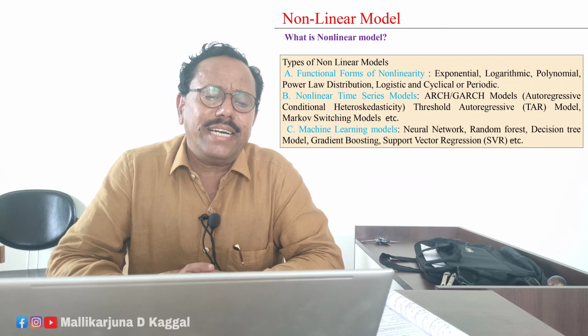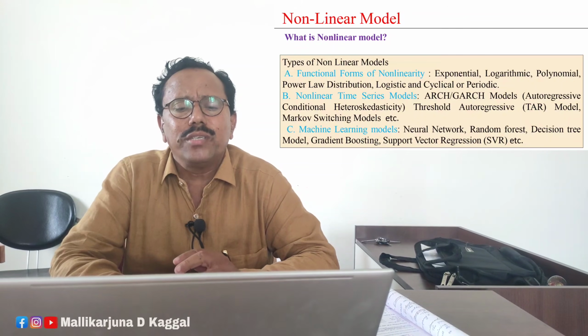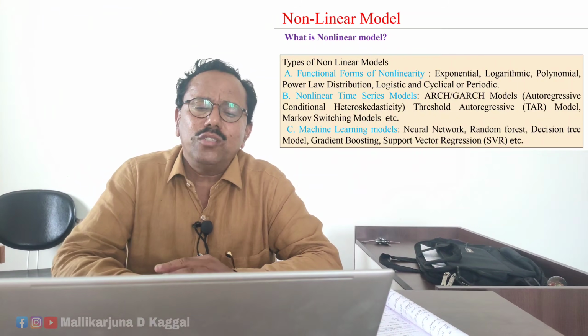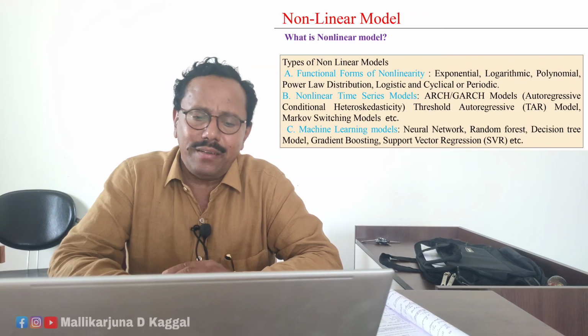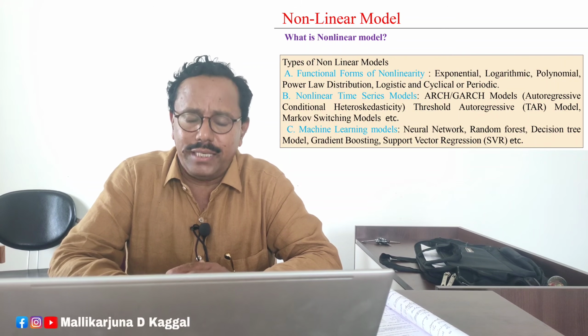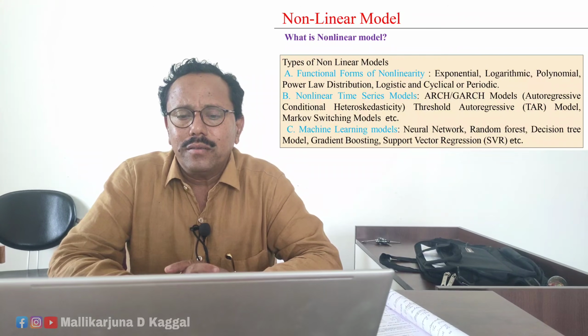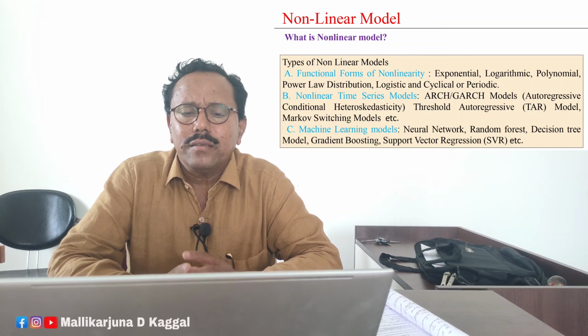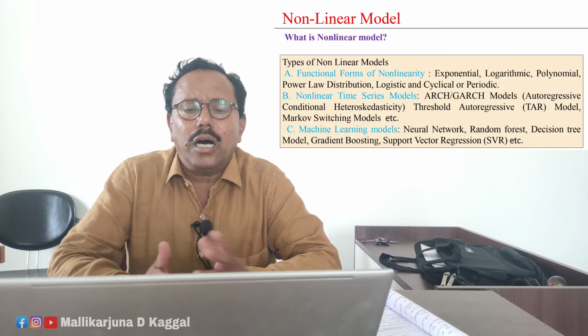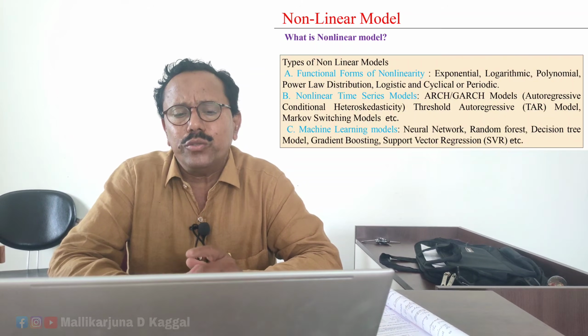In the simple way, the functional form of non-linearity, we use the exponential sign, the e value 2.7183, before your independent variable, rather than using plus or multiplication.